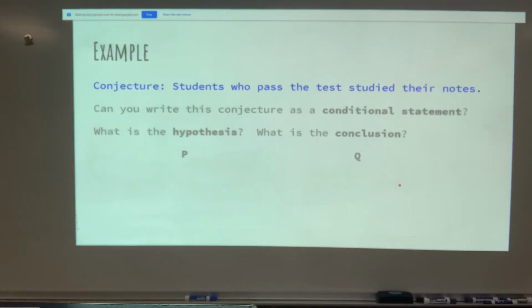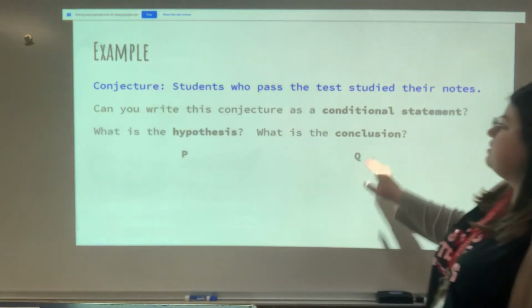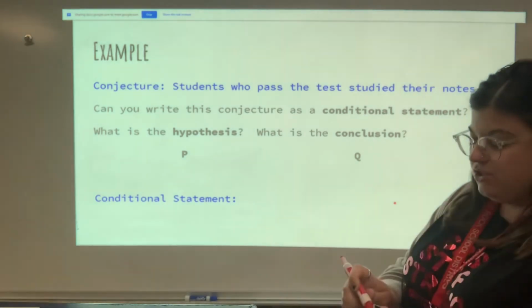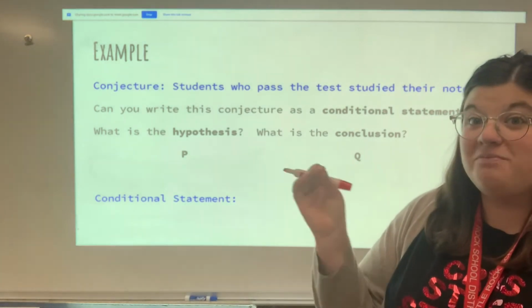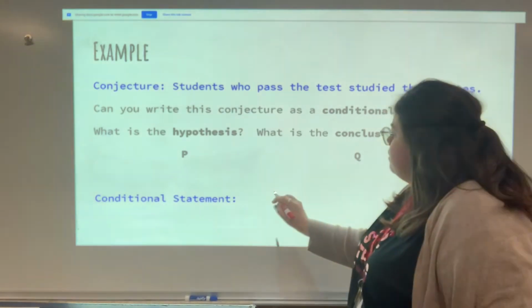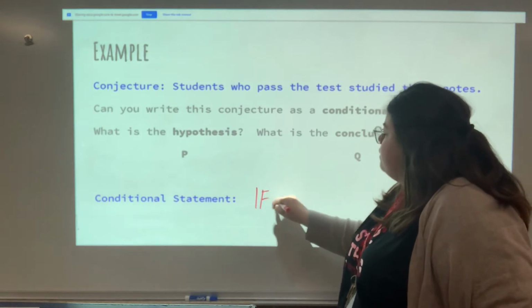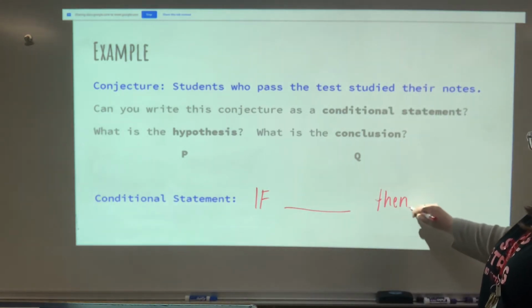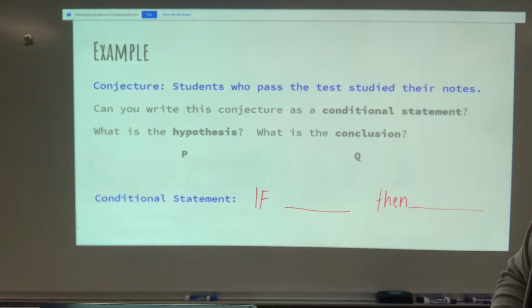So, can we write this conjecture as a conditional statement? Again, what's the hypothesis? What is the conclusion? I'm going to write this as a conditional statement. We know that they're in the form if P, then Q. So, if something, then something, right?